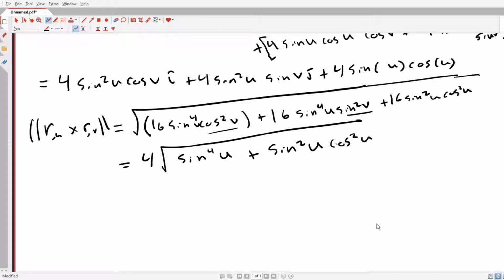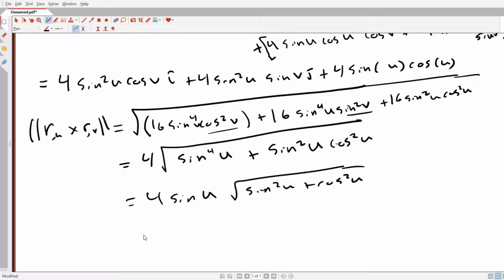I see. Here I can factor out sine squared, take that out of the square root, so I get 4 sine u, square root, what's left, sine squared u plus cosine squared u, which is 1. Okay, so that's honestly most of the work is coming up with the norm of this vector right here.